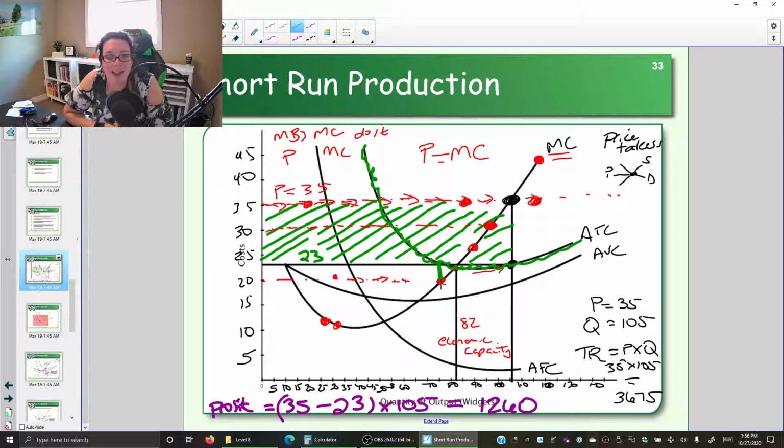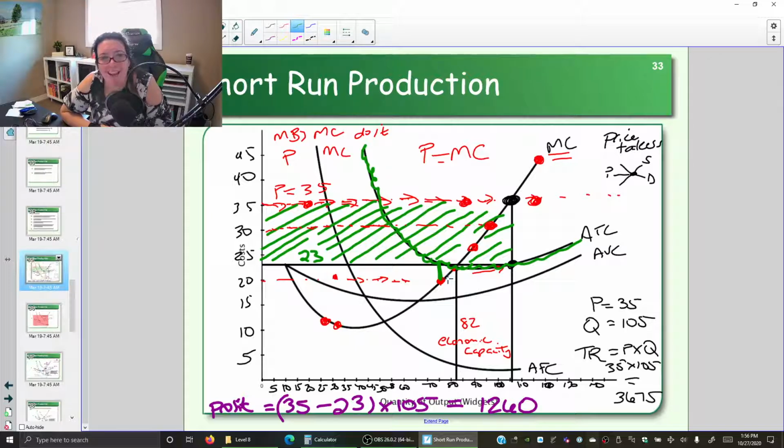So while the extra cost to make the 71st unit we might break even on, the problem is on average, the cost to make those widgets is more than the price we're selling it for. So all those first widgets up here, you can see the per unit cost is up there. So at a price of $20, we are not making economic profit.